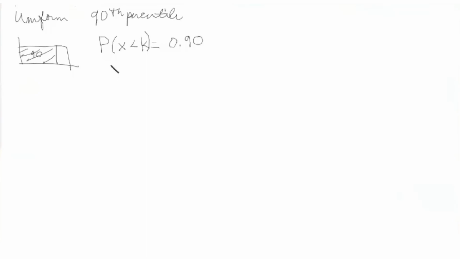So once again, we're going to do the base times the height. So let's use what we had before, where we had the 0 to the 20 as our A and B points. And then we're going to solve for k.